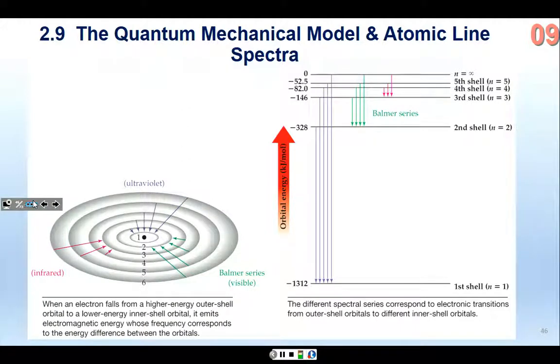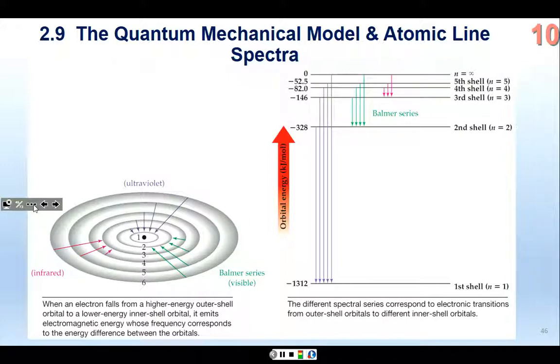This quantum mechanical model for atomic, and that correlates to atomic line spectra, has to do with the idea that there are only certain allowed transitions between energy levels for electrons for any specific atom.